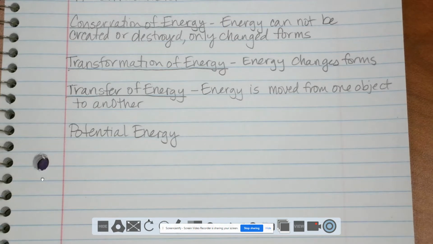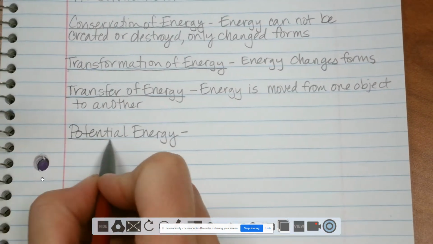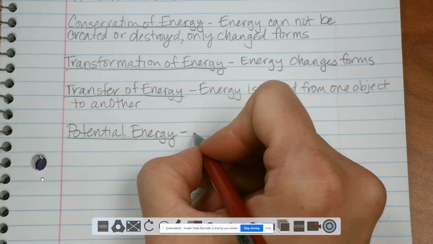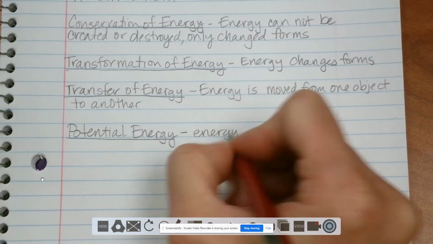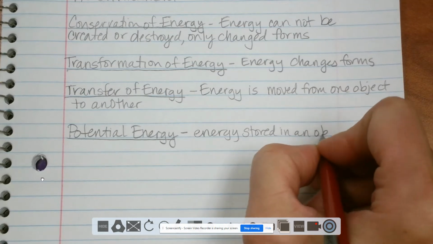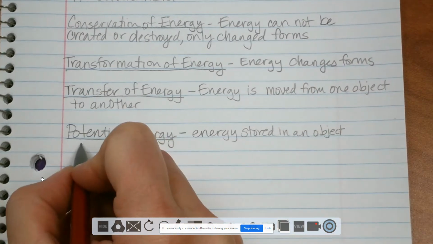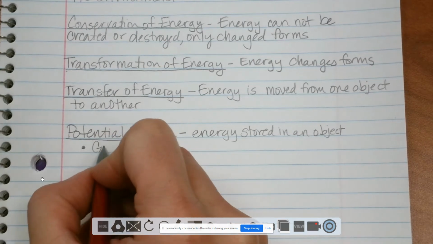Gravitational potential energy is the energy due to an object's position, okay? But in general, let's just talk about potential energy in general. That's energy stored in an object. And then mathematically, we're just going to go with gravitational potential energy.